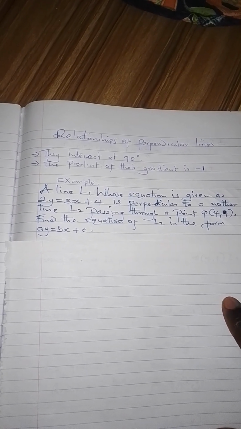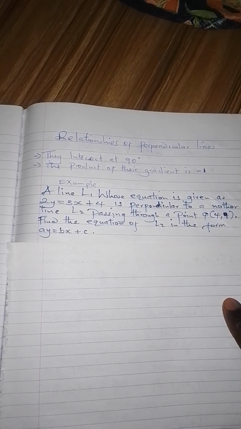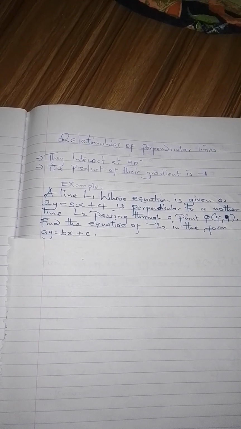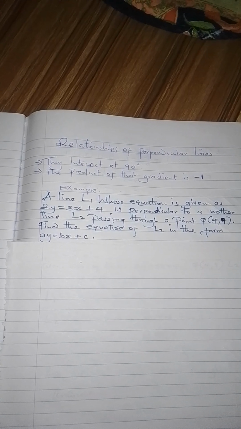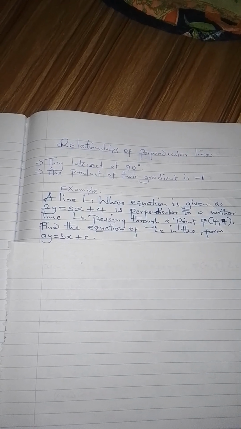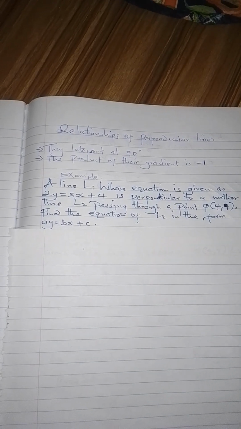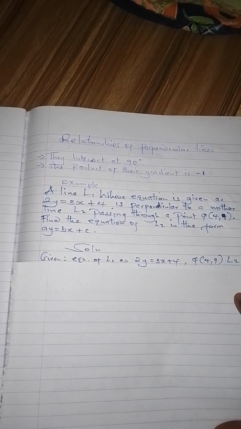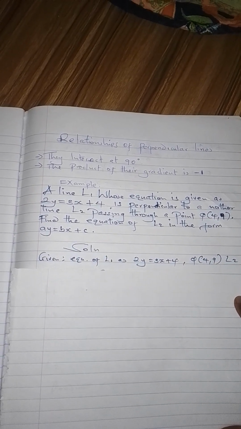Let's get to business and see how we can find the equation of L2. Because we have been given the equation of L1, we are going to get the gradient of L2 from the gradient of L1, and that is through the second relationship, that the product of their gradients is -1. Let's go. Solution. What have we been given?